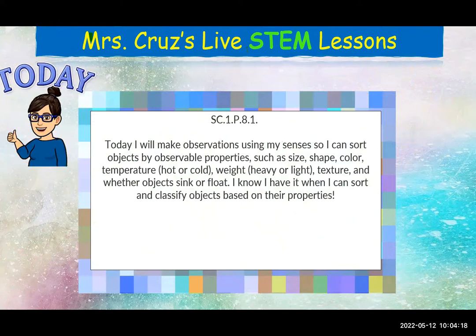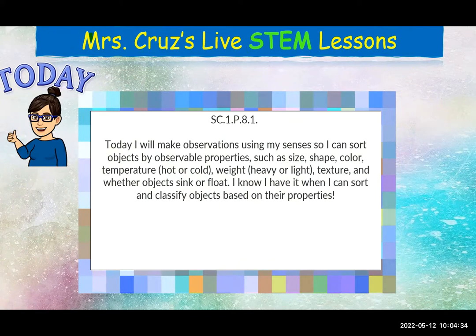What are we doing today? Okay, well, this is a kind of fun lesson, and there's a reason why I'm doing it. It's all about observable properties, which we'll talk about, what those are and how we observe them.